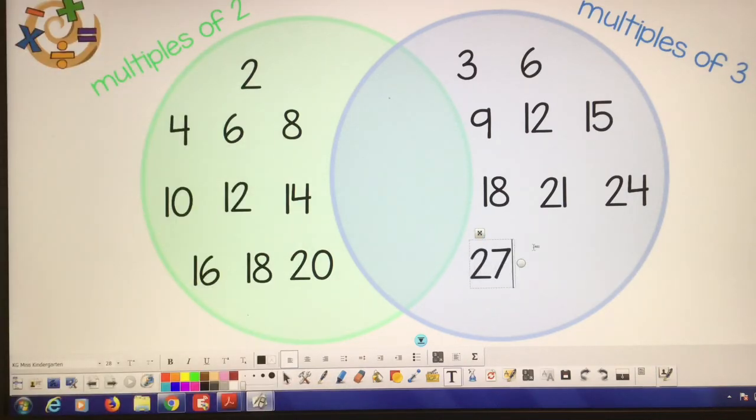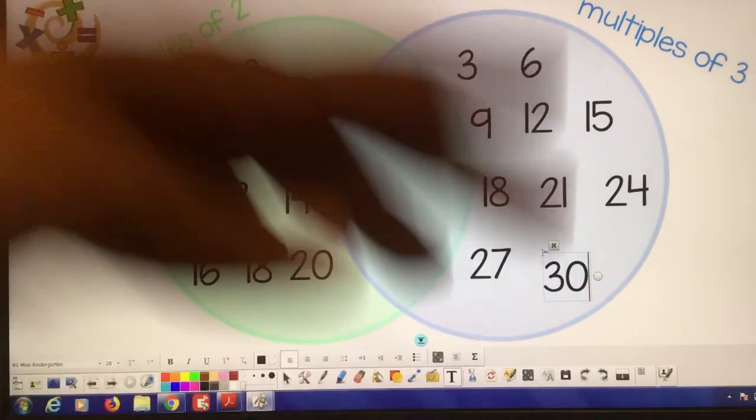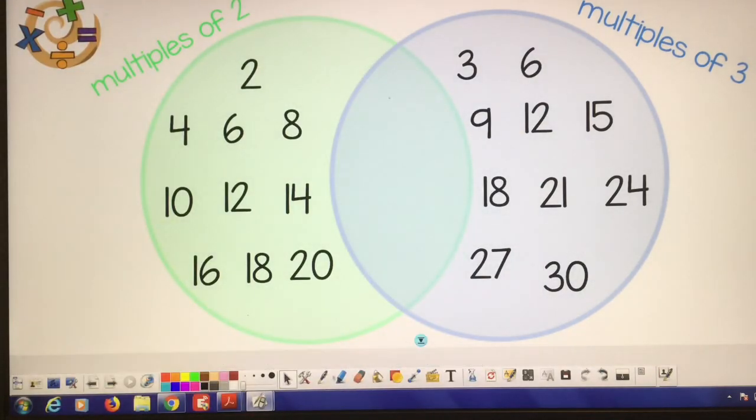And then 3 times 10 is 30. So I have my Venn diagram done.